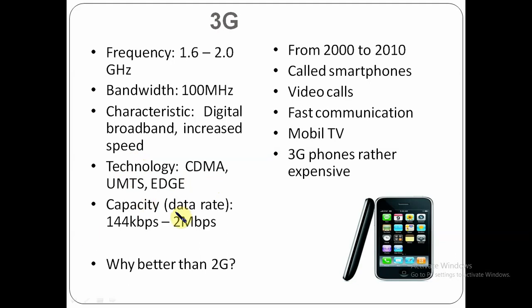The capacity is 144 kbps to 2 Mbps. You see in 2G it was 64 kbps, but here we directly take a big step up to 2 Mbps. Hence, it is better than 2G.